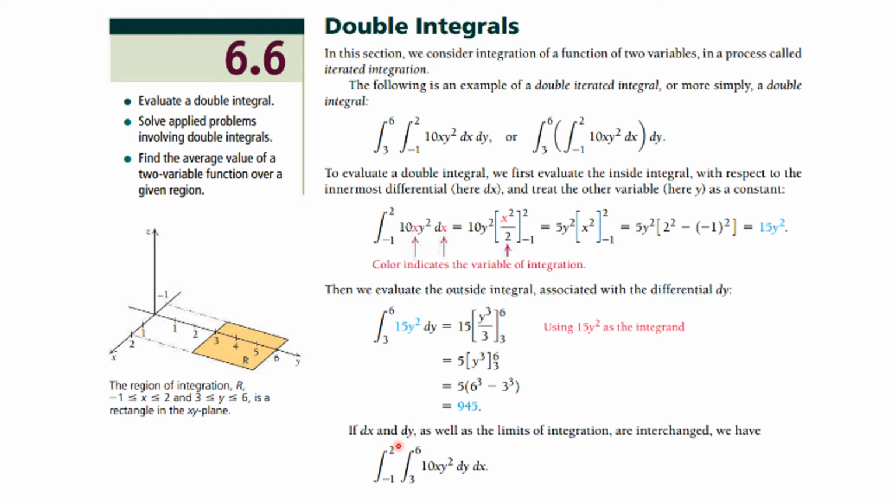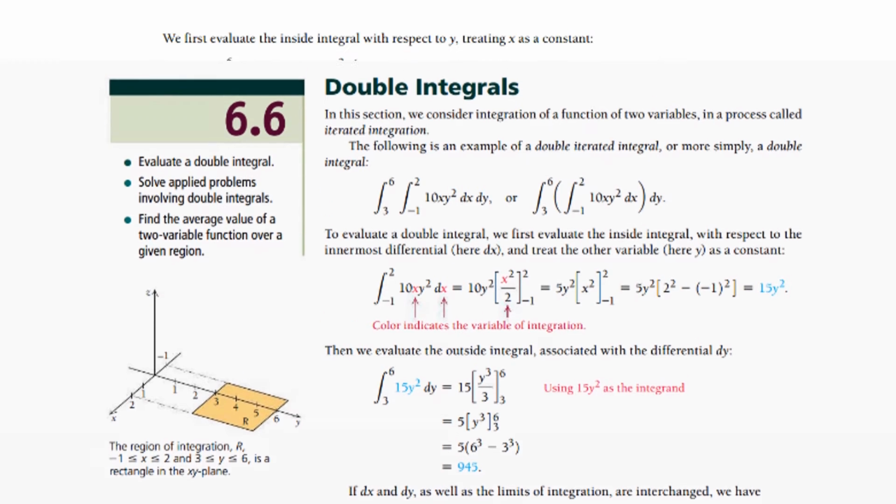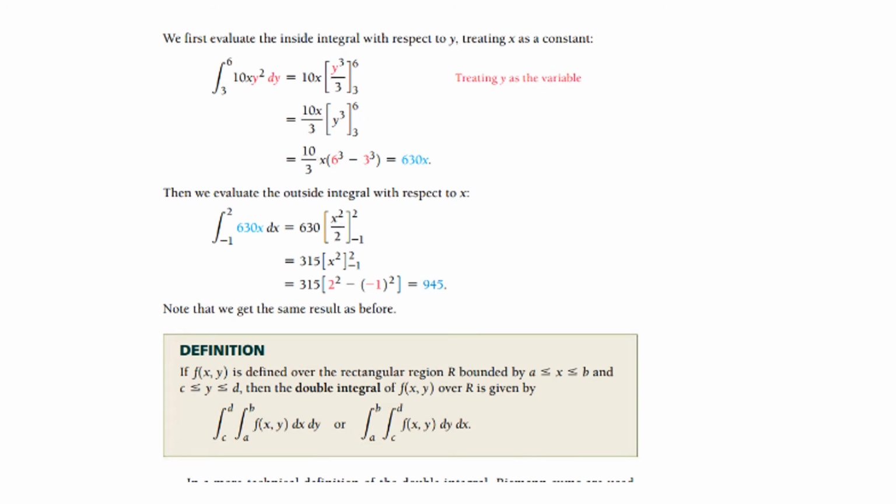Now, if dx and dy, as well as the limits of integration, are interchanged, we have this. Notice that we moved this one to the outside, we moved this to the inside, and first we have dy and dx. Let's see how this one would work out. So here, first we integrate with respect to y.